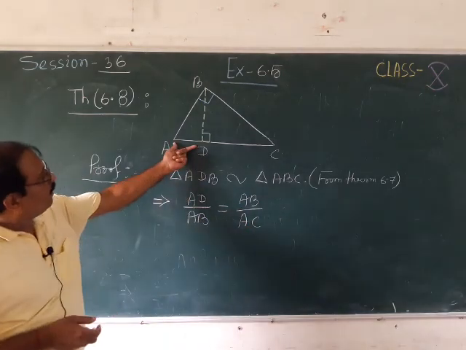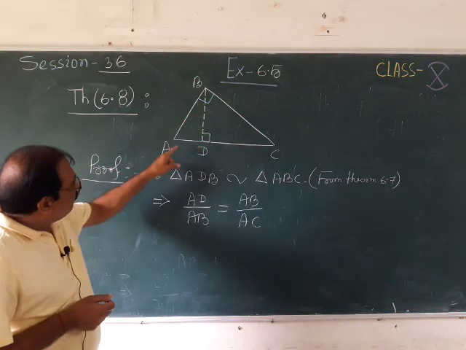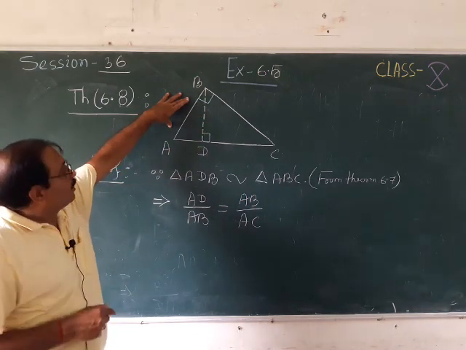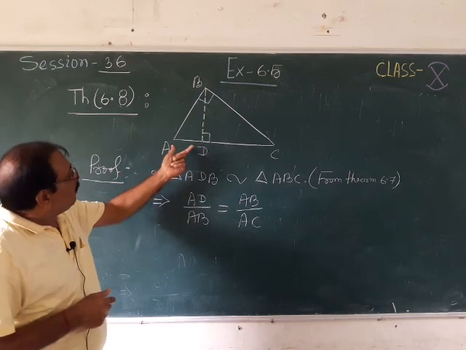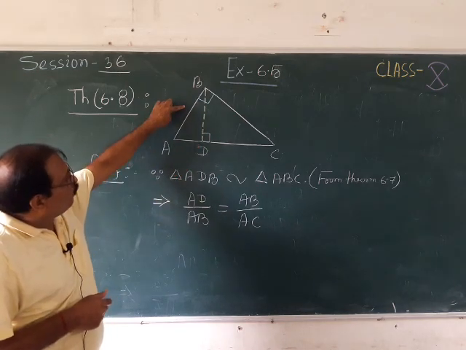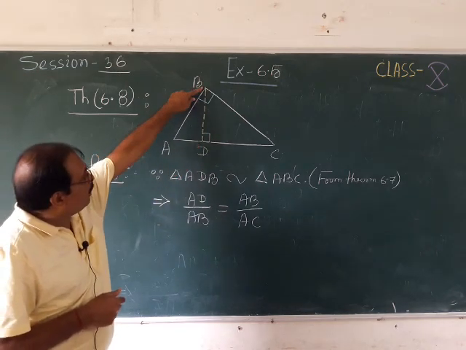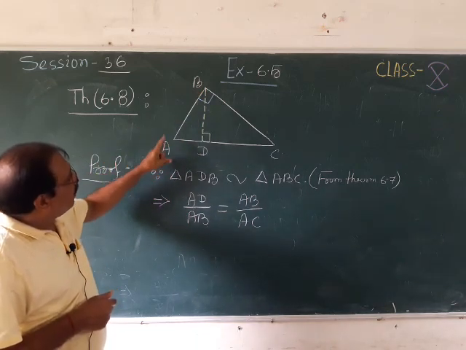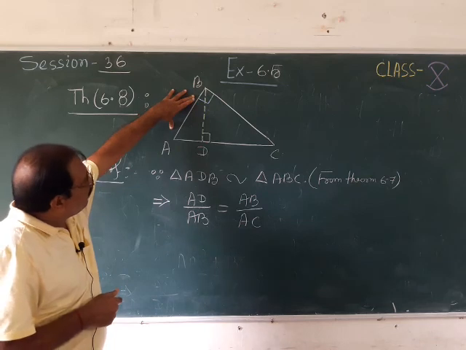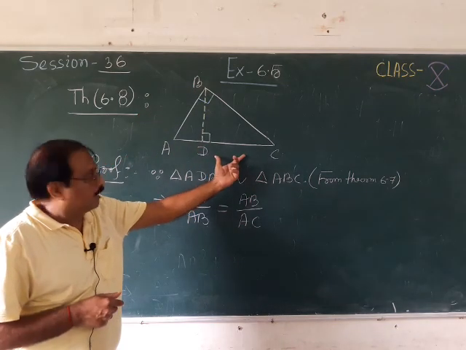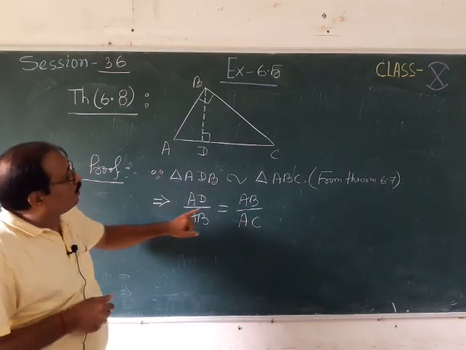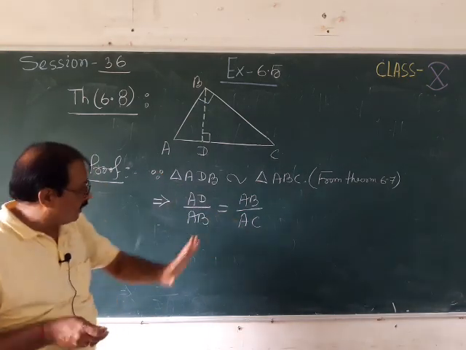AD is the base of triangle BDA and AB is the hypotenuse. That means you have taken the base upon hypotenuse of this small triangle BDA. Like that, the base of this triangle ABC is AB and hypotenuse is AC. So corresponding sides if you will take, then AD upon AB is equal to AB upon AC.